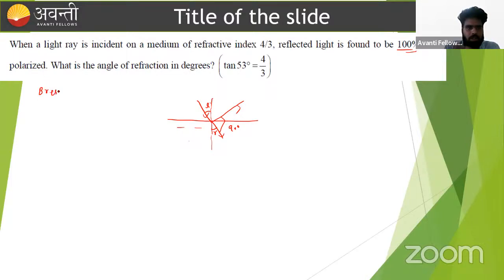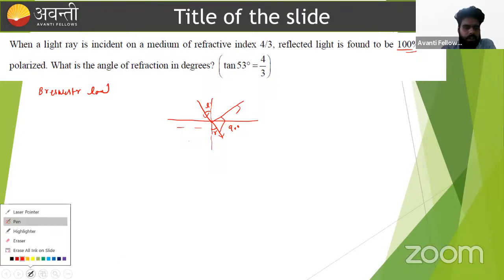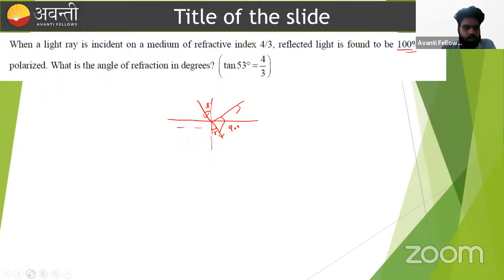Using Brewster's law, what can we write here? What is the Brewster angle? Can anybody tell me? The Brewster angle iB satisfies tan iB equals mu, and mu is given as 4/3.